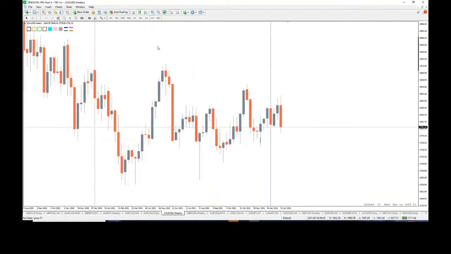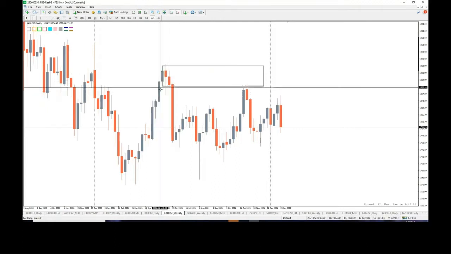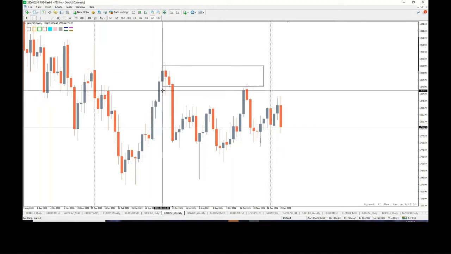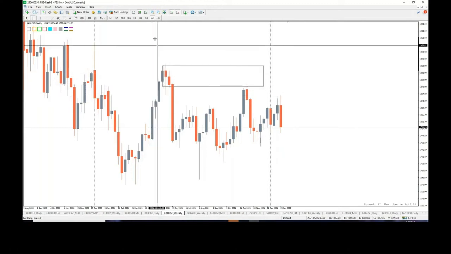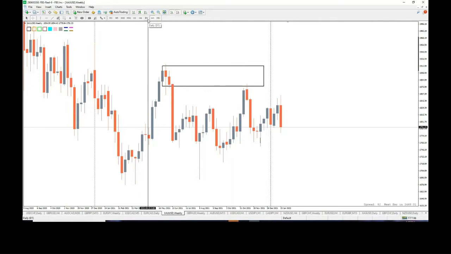Let's suppose we have an engulfing sell, right? So where is the engulfing fail? Where is the engulfing fail? You can see, a long way down.